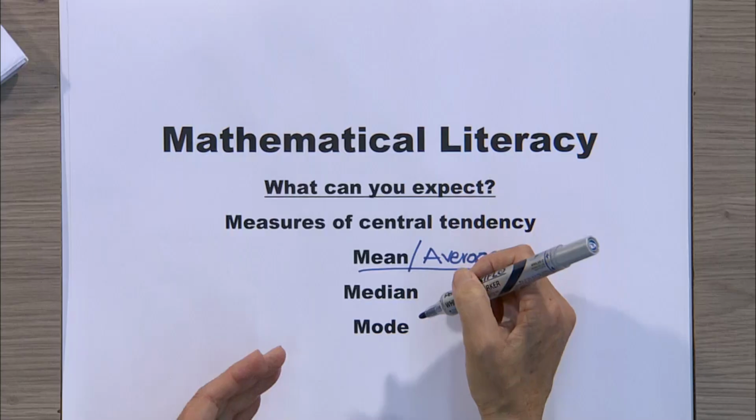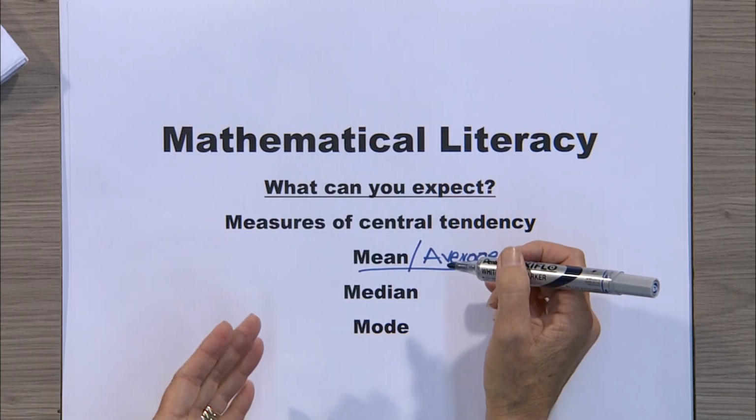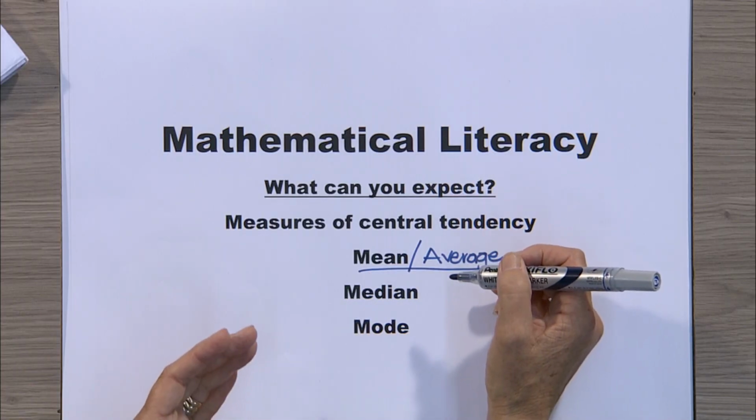And the last one in the measures of central tendency is the mode. The mode is the number that occurs the most in a data set. So you can have more than one mode. In other words, you can have a number that occurs more than once. You can have what we call a bimodal, if you have 2 modes.